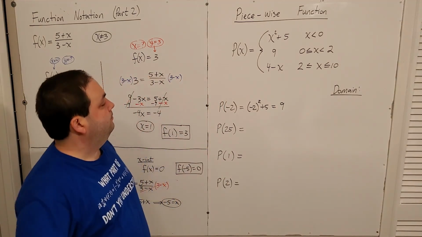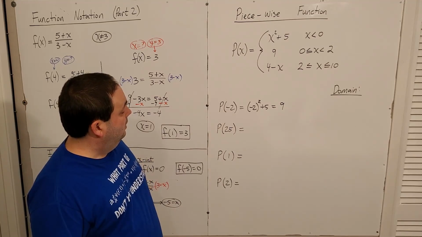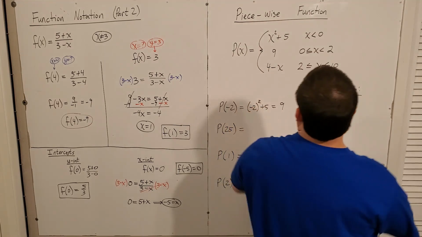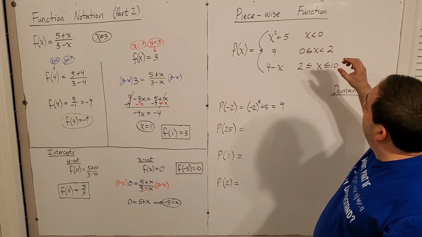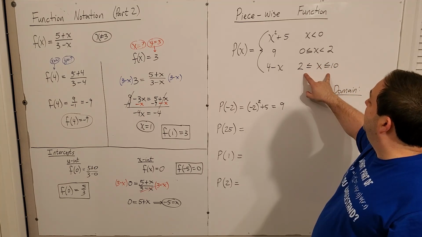All right. How about P of 25? Well, okay, take the 25, make a decision. Is 25 less than 0? Is 25 between 0 and 2? Or is 25 between 2 and 10?